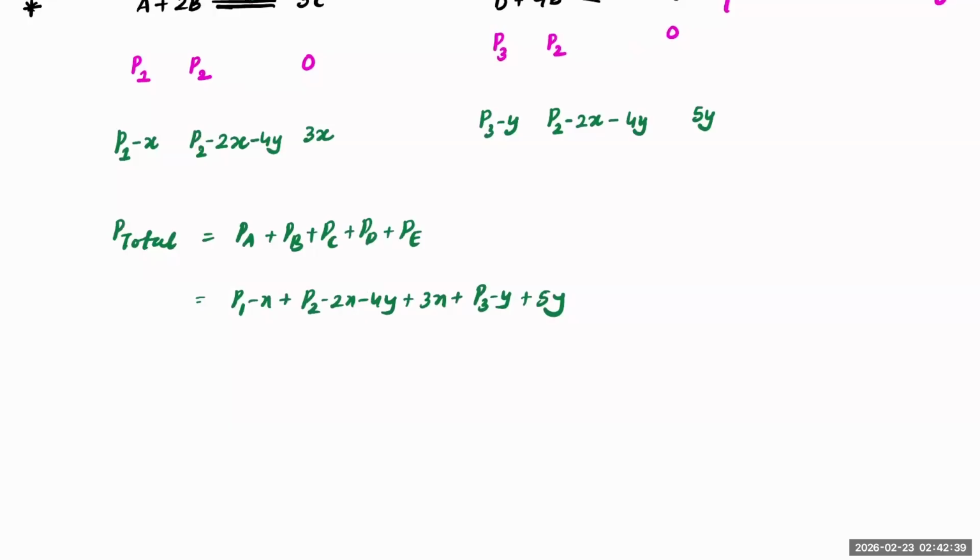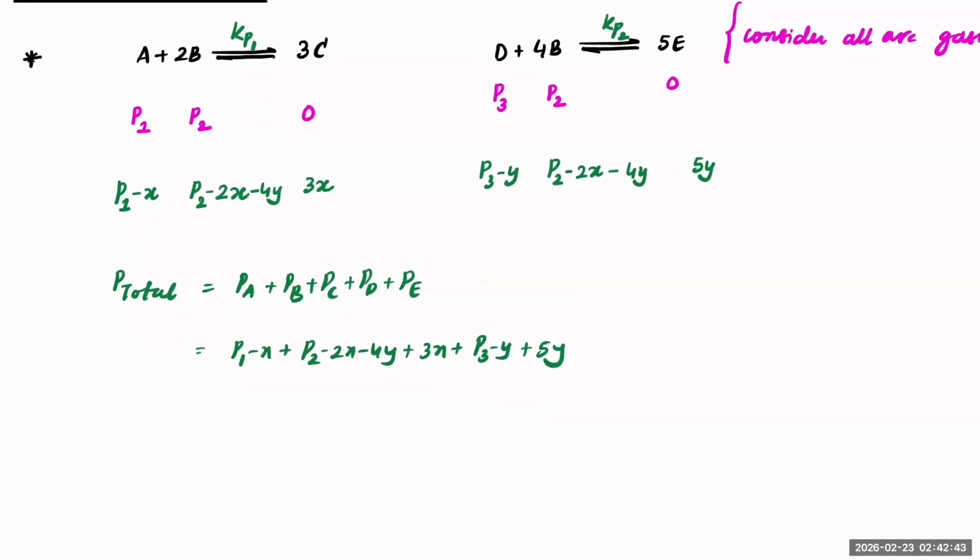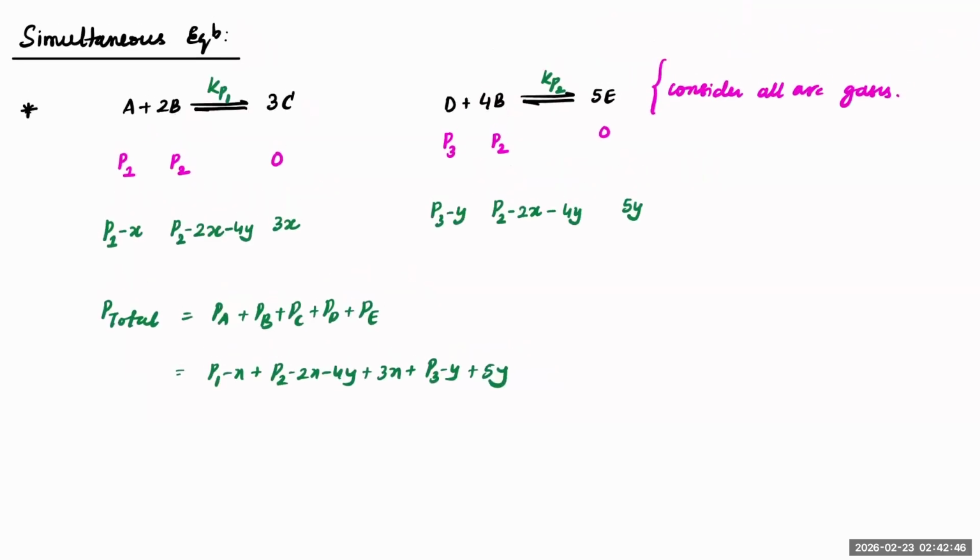So that will become the total pressure. Clear? This is how you need to relate simultaneous equilibrium questions. Got it? In ionic equilibrium, how to relate that I have already given you earlier. Okay, don't worry about that part.